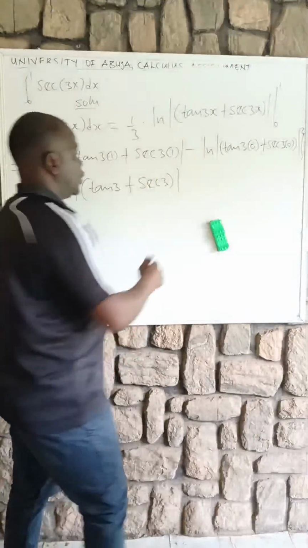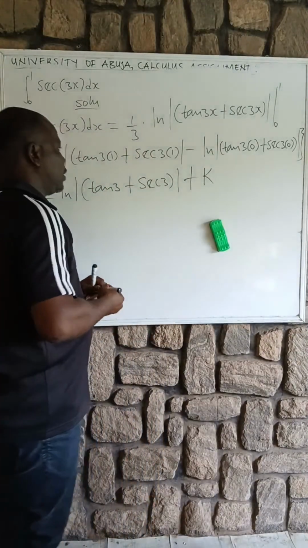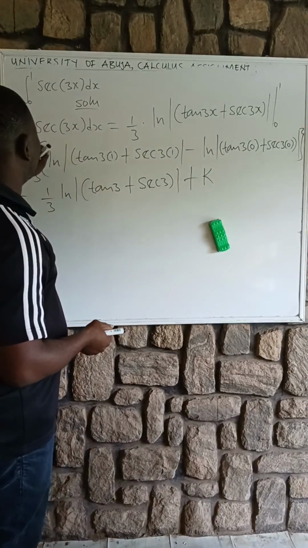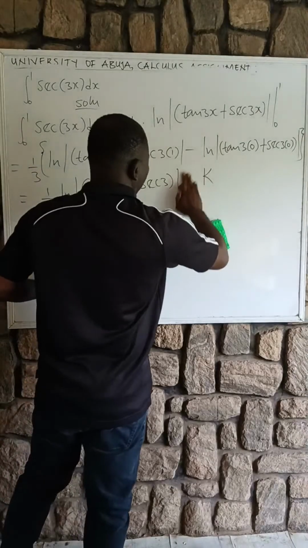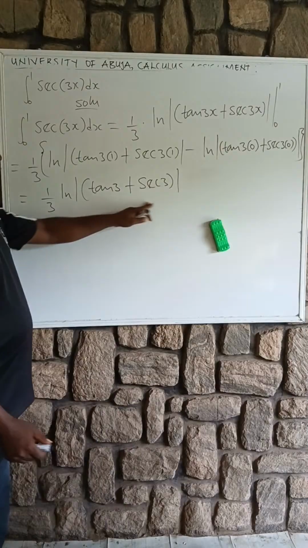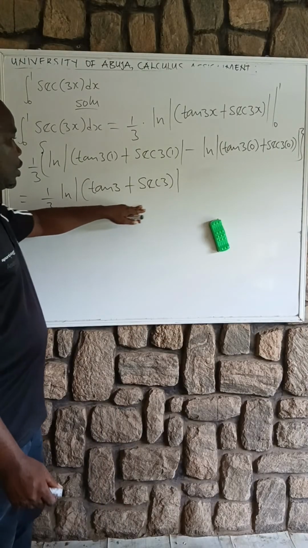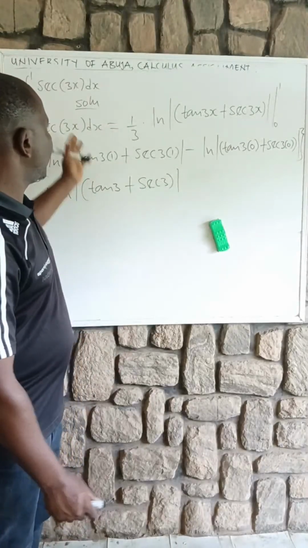Mind you, you are not going to have plus a constant. Why? Because this is not an indefinite integral. So this one you evaluate to obtain a value, and this is the value you have gotten. This is how you are going to consider this integral.